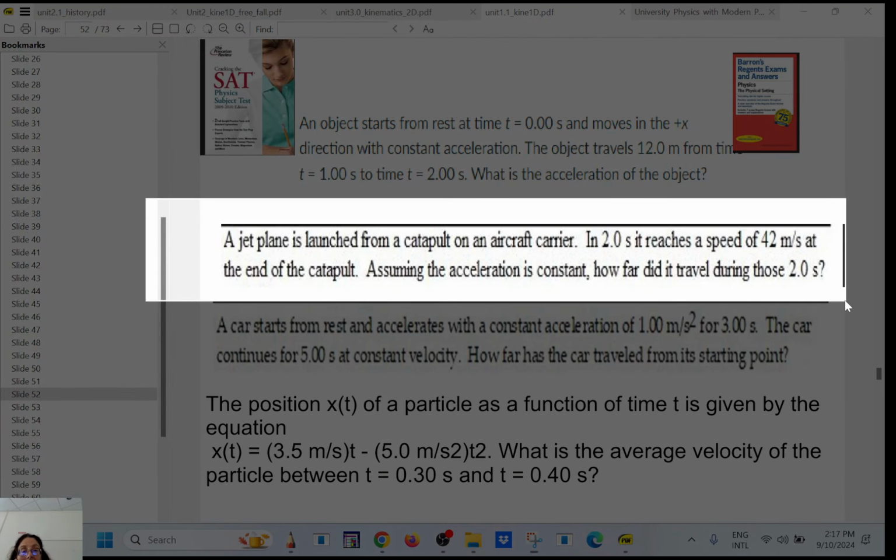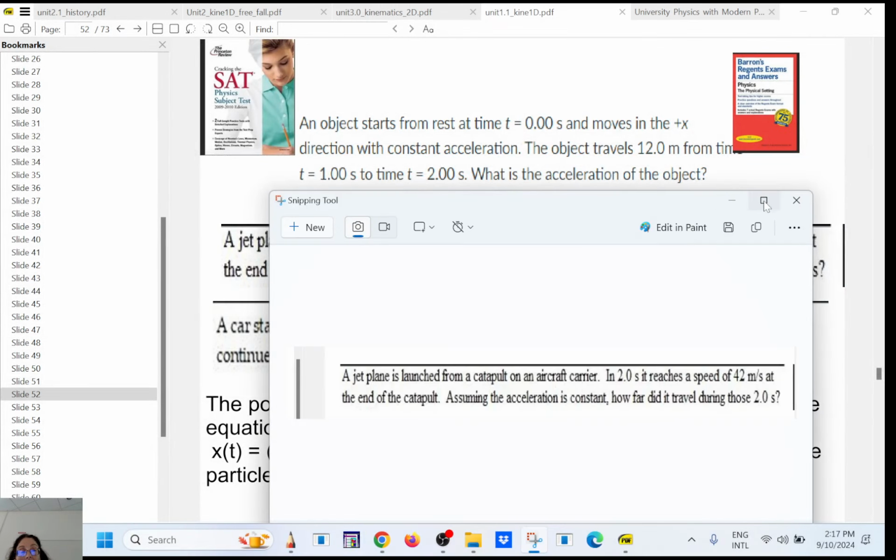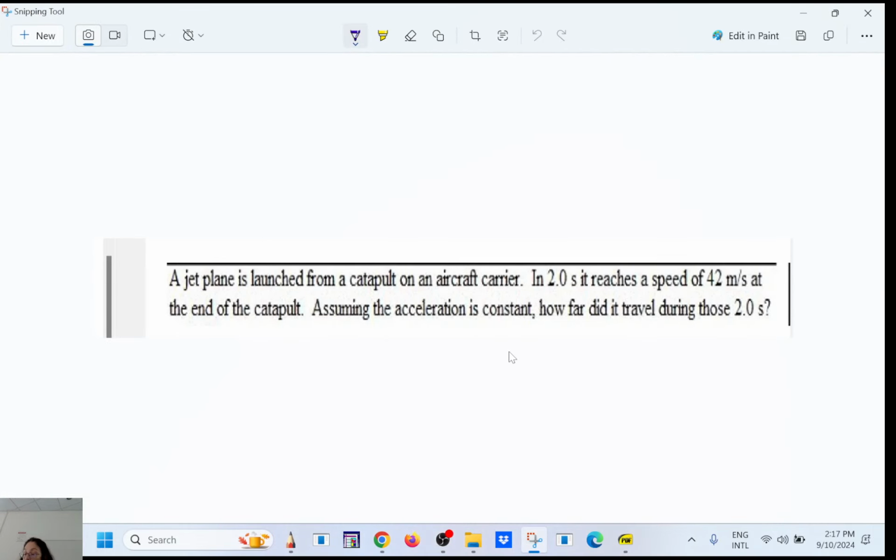Okay, let's do an easy one. So that's an aircraft carrier. You know those big boats like that.